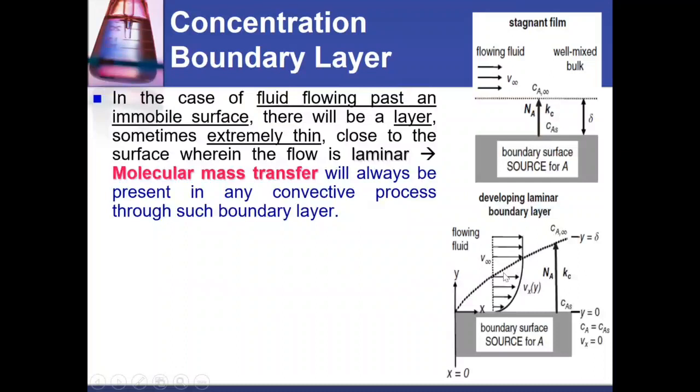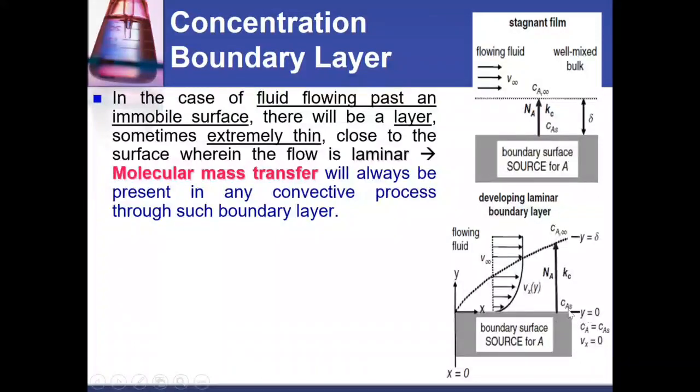The maximum velocity will be at the center line. If this is a duct, it will be at the center line, and if it is a pipe, it will be at the center line of that pipe. That is the maximum velocity, and then you have the hyperbolic curve for this one. And for the concentration, our interest is in the concentration boundary layer.